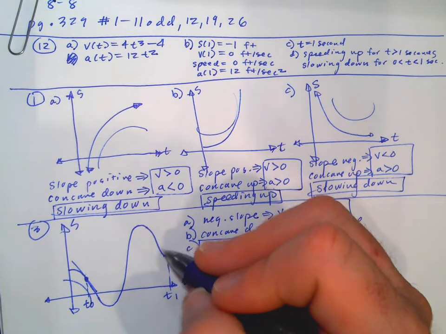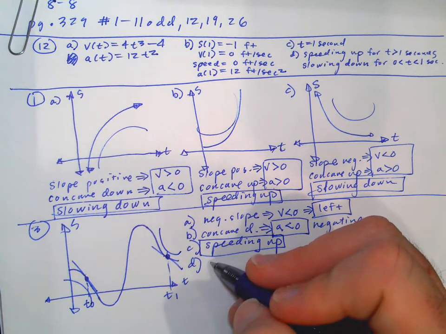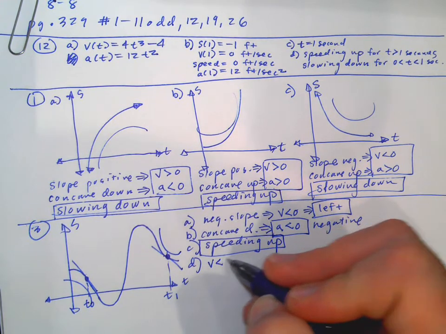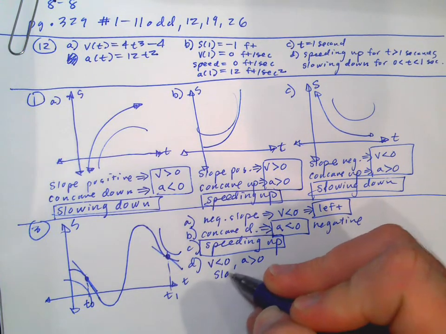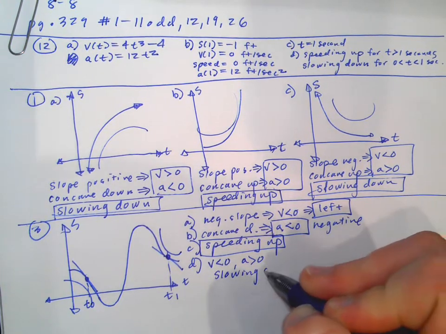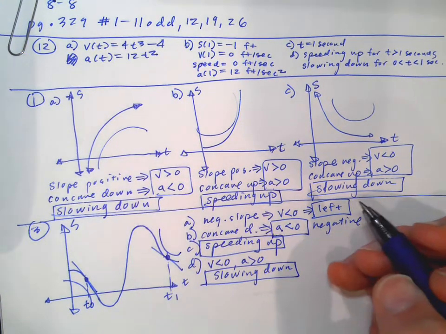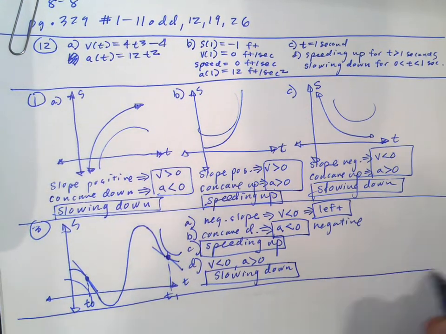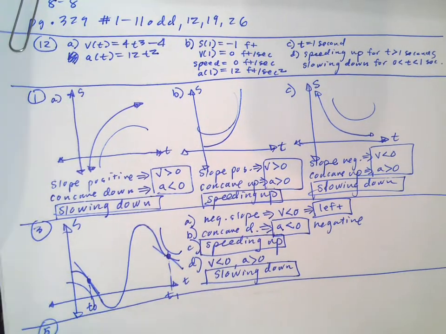Well, at time 1, it has a negative slope, positive acceleration. So negative velocity, concave up, positive acceleration, opposite directions, slowing down. So there you go. Just kind of getting the basics of these ideas without having to do any major calculations yet.